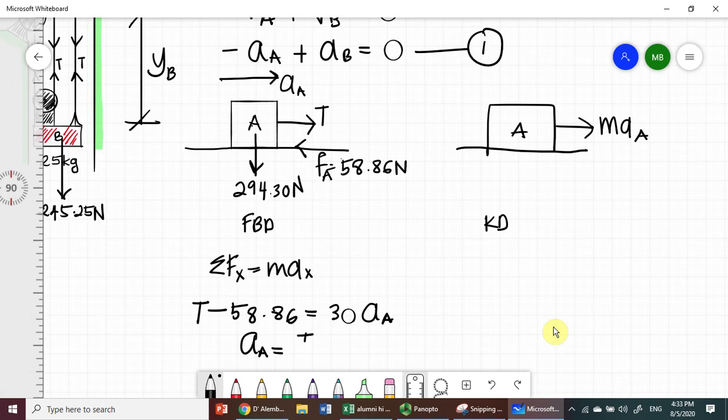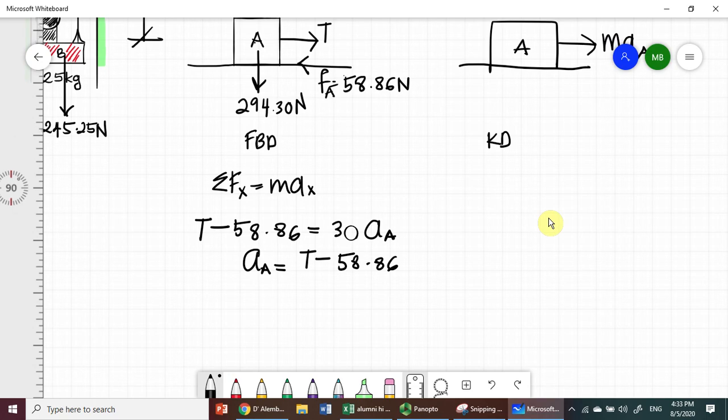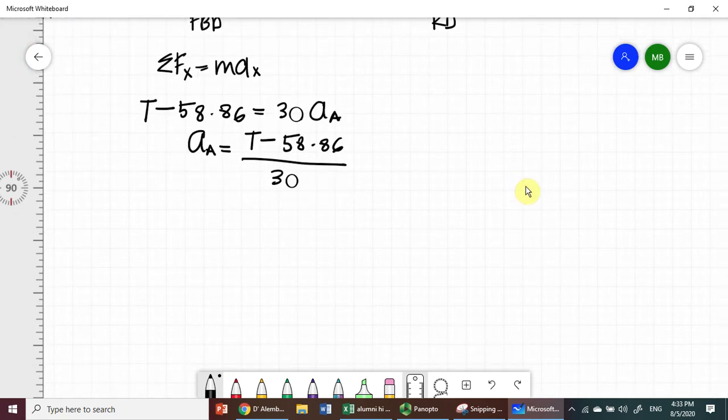So then we will get T minus 58.86 divided by 30. So here we have this equation number 2.